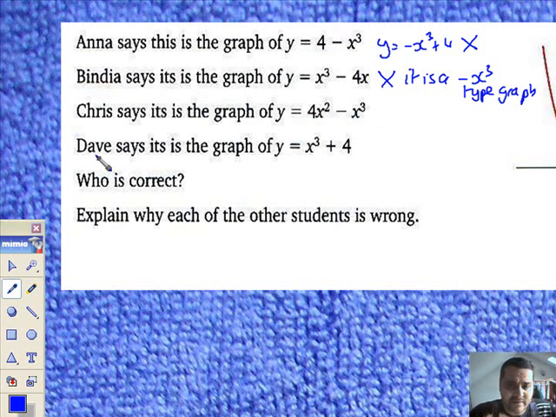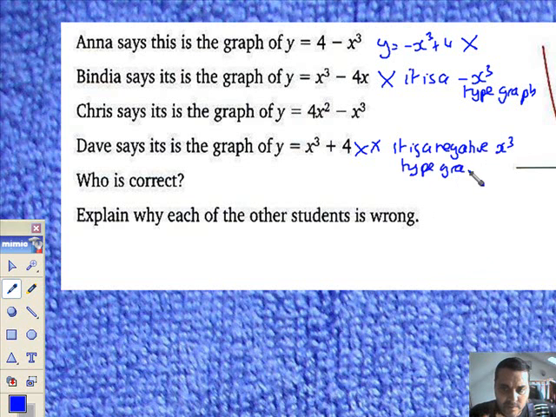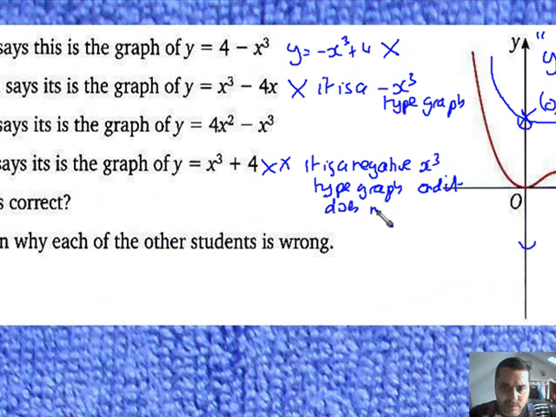Let's look at Dave. Y equals x cubed plus 4. Doubly wrong. He's wrong for two reasons. Number one, it's a negative x cubed type graph, and number two, it does not pass through, I'm writing it, aren't I?